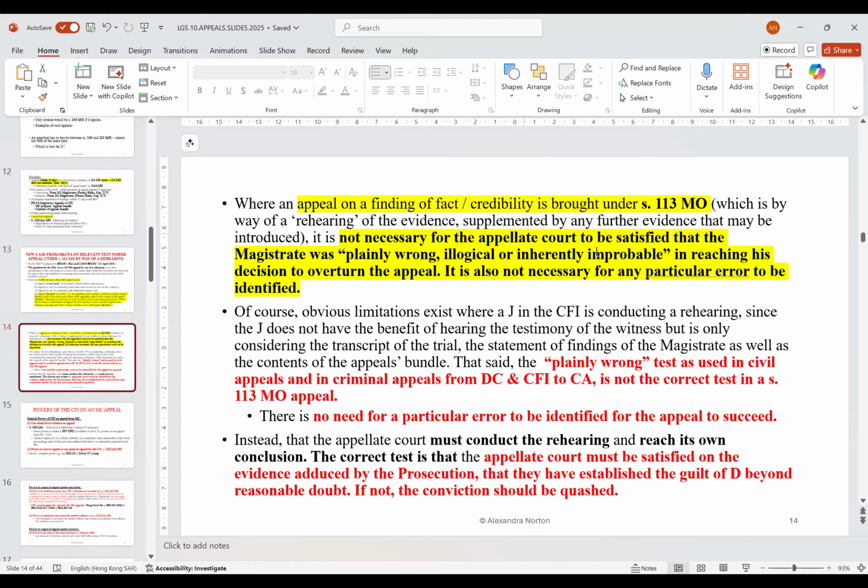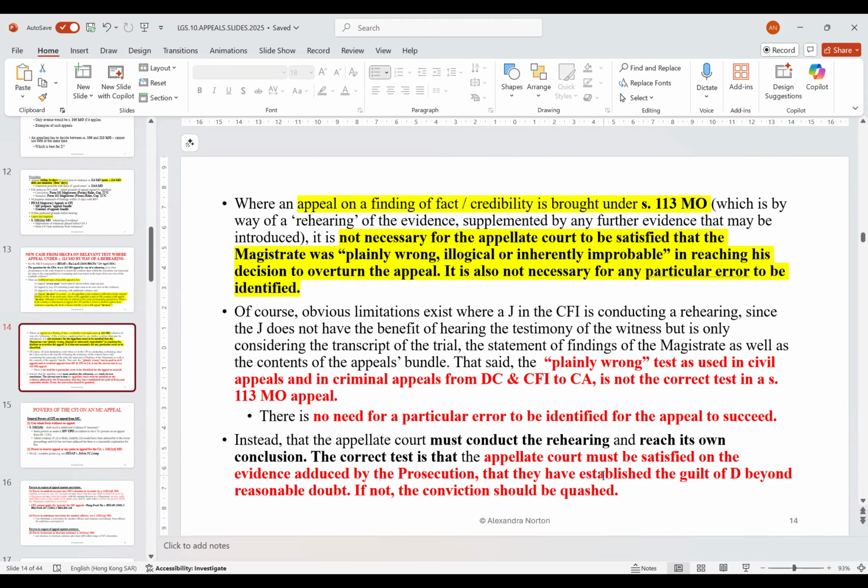So basically, the CFA said that where you're appealing under 113, it's not necessary for the CFI judge to be satisfied that the magistrate was plainly wrong, illogical, or inherently improbable, nor does the appellant need to identify any particular error. Instead, they have to conduct a rehearing and reach their own conclusion.